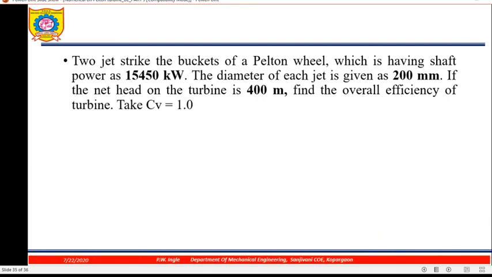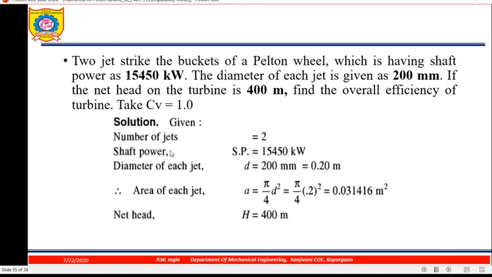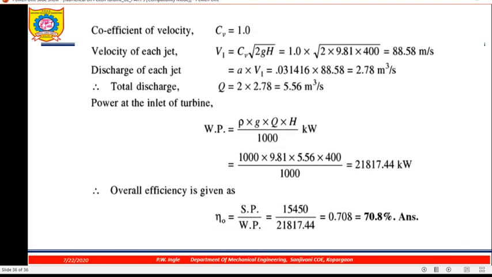Now the last problem. Two jets strike the bucket of a Pelton wheel which is having shaft power 15,450 kilowatt. The diameter of each jet is 200 mm. If the net height on the turbine is 400 meter, find the overall efficiency. Overall efficiency is nothing but shaft power upon water power.